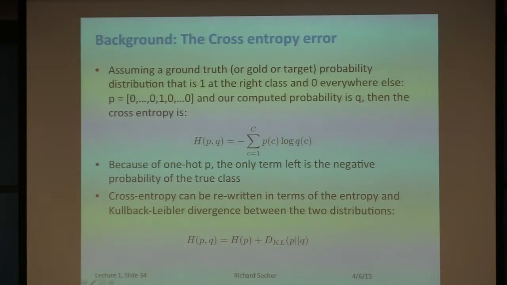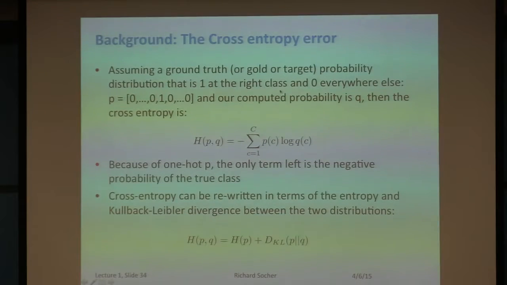So maybe you have the probability P here where you want to say, is this specific instance a location? No. Organization? No. It's a person. And then you say one for person, and the number of classes is the length of that vector P. And so let's assume our computed probability from the softmax is Q.